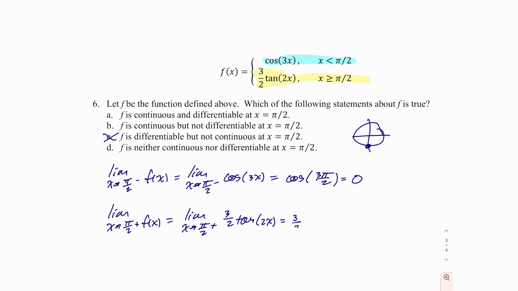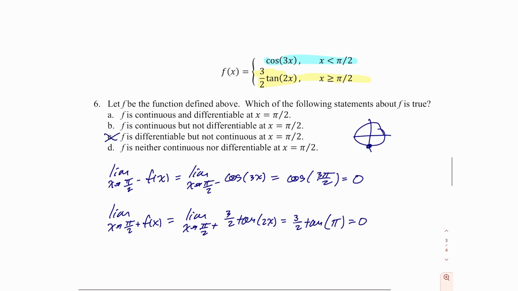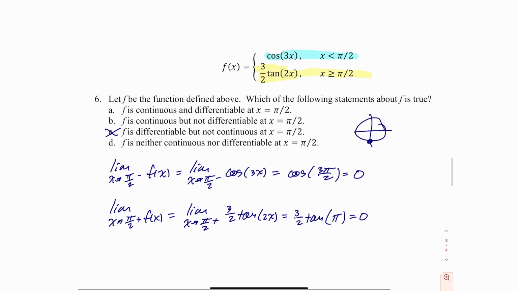Tangent's not continuous, so we do have to worry about this, but let's just sub in pi. Tangent of pi is 0, so this is 0. We also technically need f of pi over 2, but because of the way it's defined, the limit from the right is equal to the value, so this is also 0. Okay, so definitely continuous. So d is out.